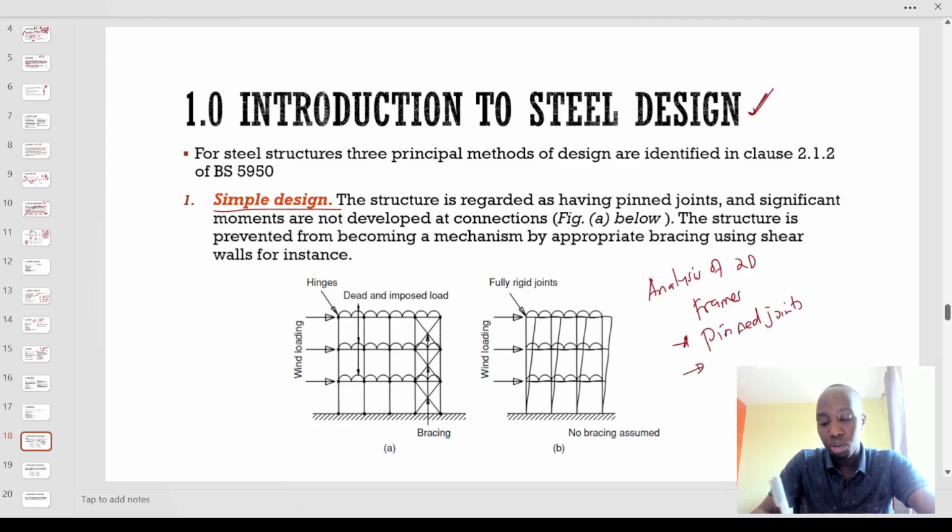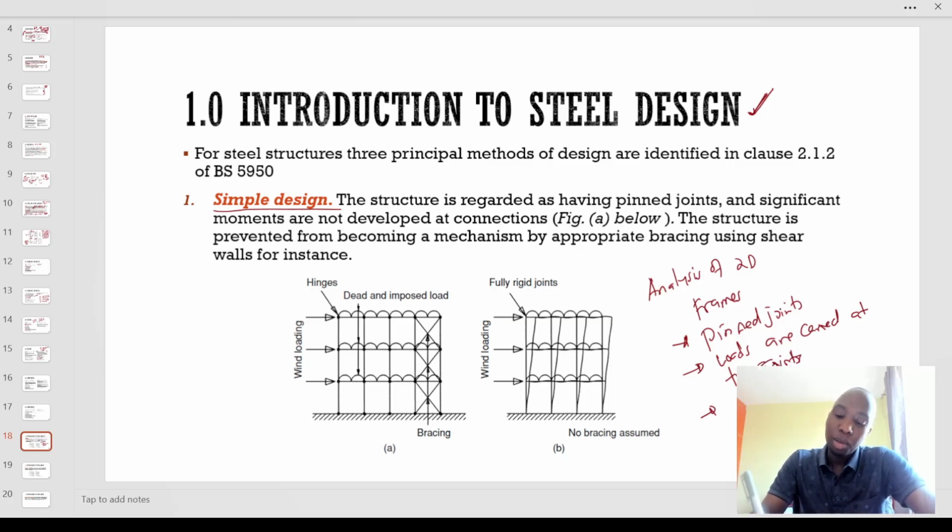Then you also said the other assumption was loads are carried at the joints. Those are some of the things that you assumed in the analysis of 2D frames, that they were pinned joints and then loads are carried at joints.